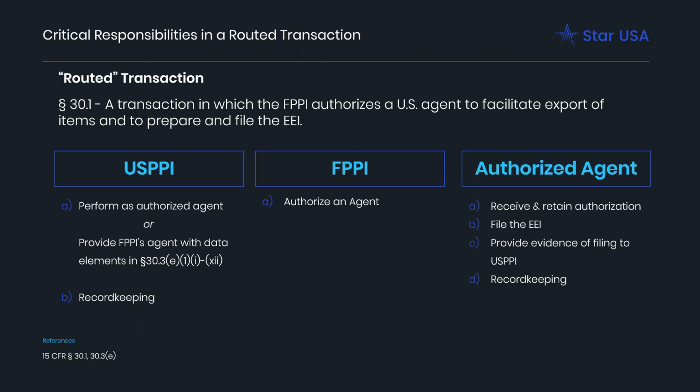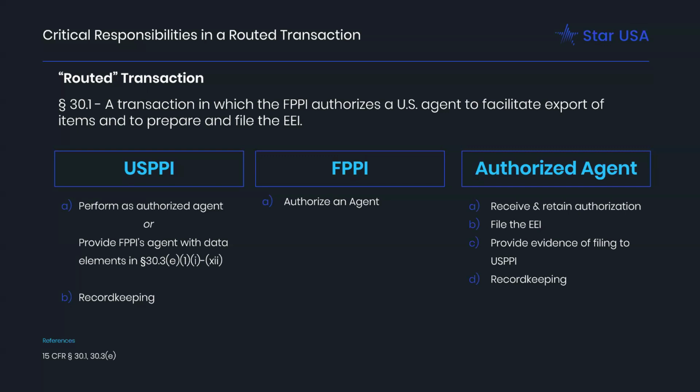USPPI also has record keeping responsibilities. So in a routed transaction, the authorized agent can be the USPPI. It is much more common, however, for the USPPI to be providing the FPPI's agent with those specific data elements defined in 30.3(e)(1).